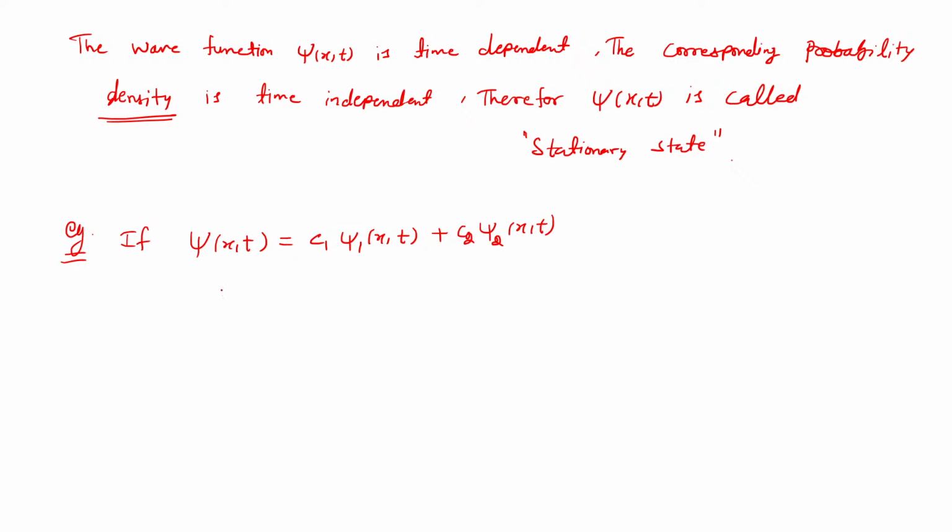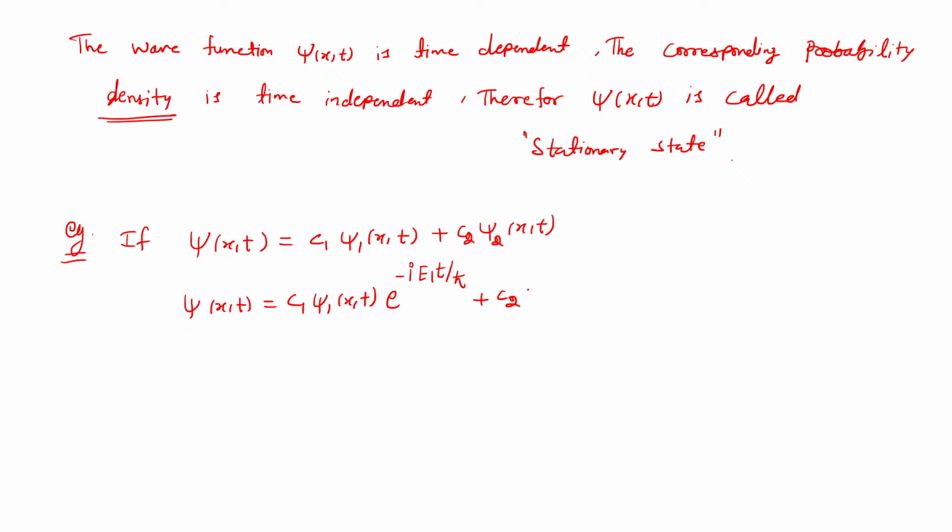If we write the time dependent wave function from the Schrodinger equation, as you've seen, psi 1 x t turns out to be exponential of minus i E1 t upon h cut. c1 you can also write as c star, or c dash if you want, otherwise we can keep it simple as c1.